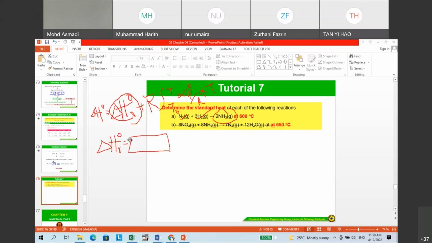Okay, that is the first step. The second step is you have to determine the parameters: delta A, delta B, delta C, and delta D. So if you look at that, just construct the tables.